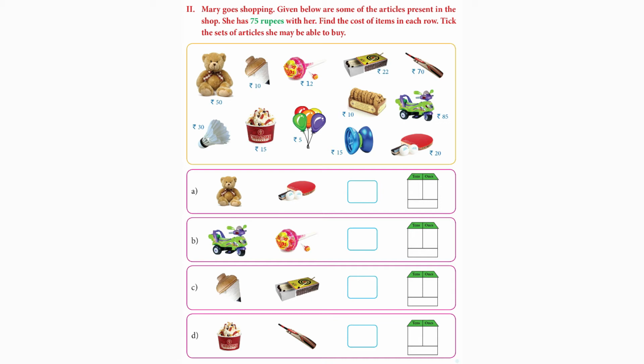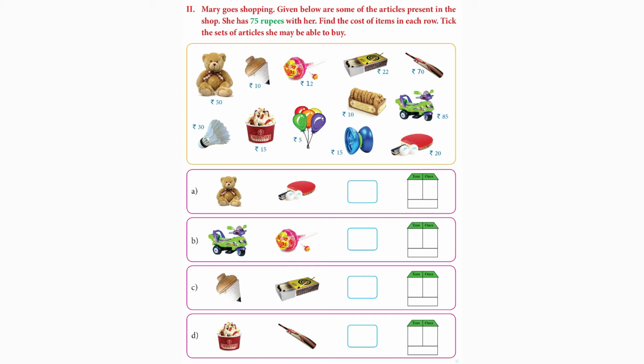Okay. So here you can look at so many wonderful items. And just below them there is the cost of each item. For example, we have a teddy bear there. How much does it cost? It is written as 50 rupees. And then below that we have a shuttlecock. How much is that costing? It will be 30 rupees.